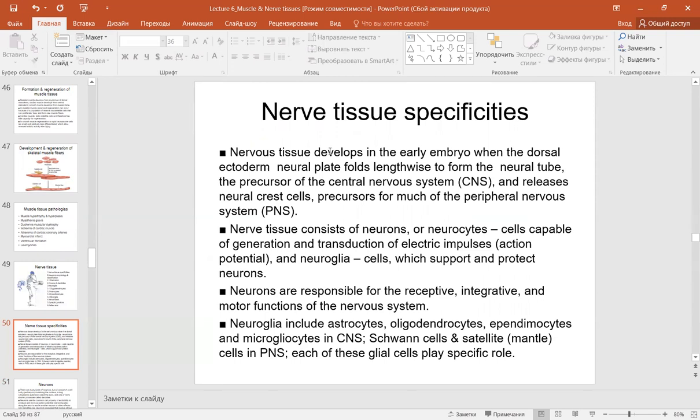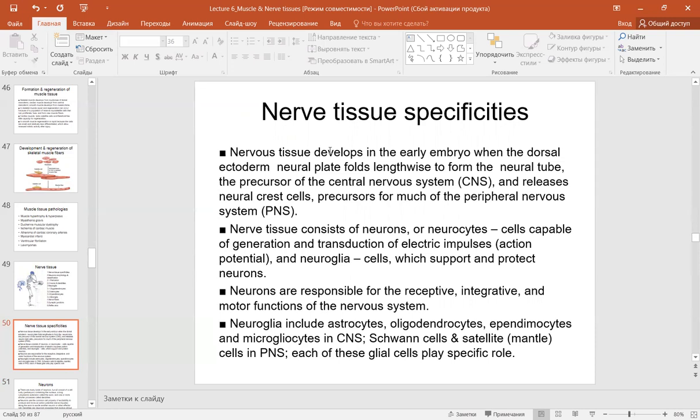Nervous tissue develops in an early embryo when the dorsal ectoderm neural plate folds lengthwise to form the neural tube, the precursor of the central nervous system, and releases neural crest cells, precursors for much of the peripheral nervous system, all developing from the neuroectoderm.